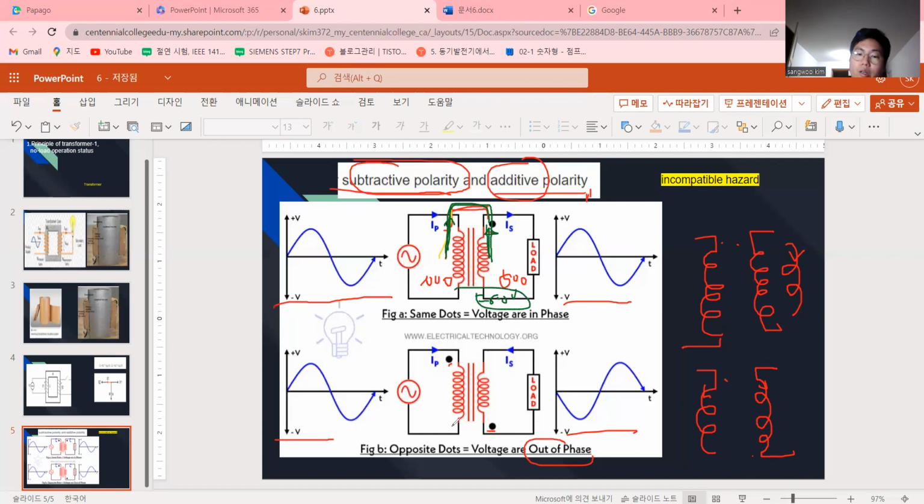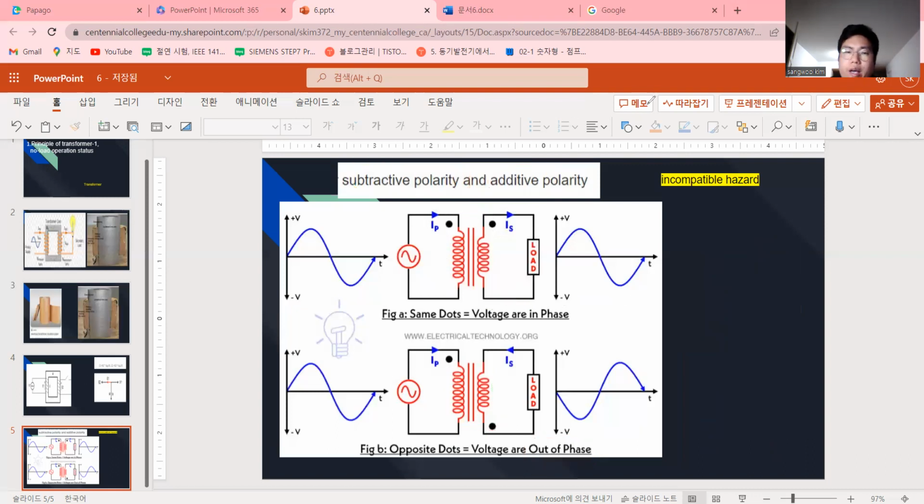But what about here? 1500. It's more hazardous if the incompatible hazard happens, where the secondary and primary winding lines get together. Yeah, that is the difference.